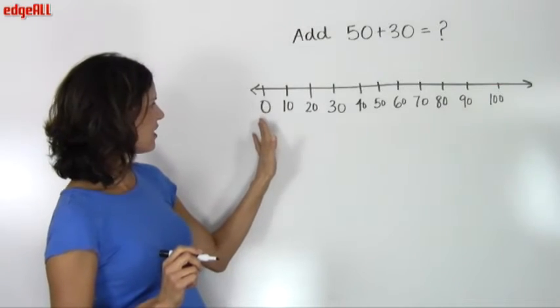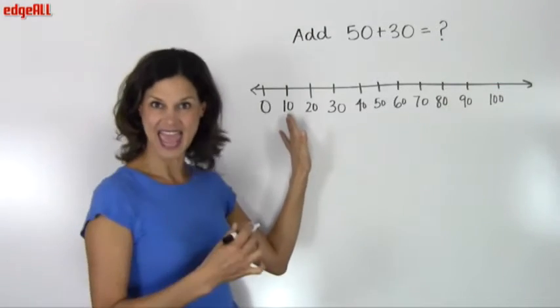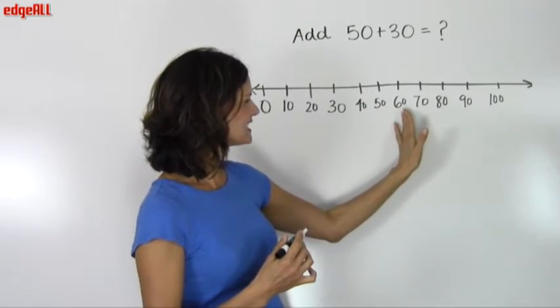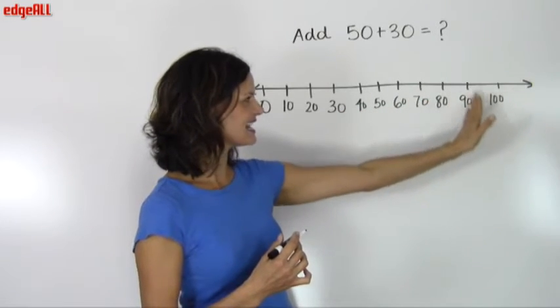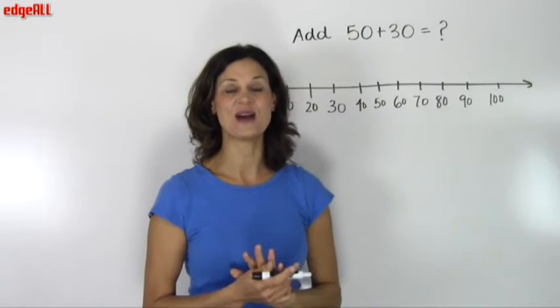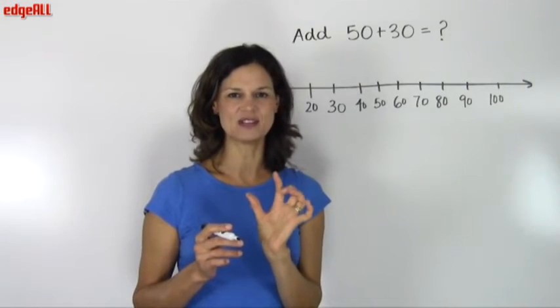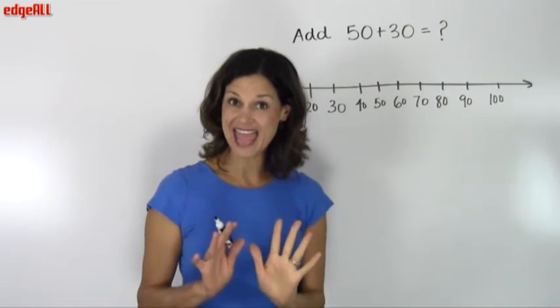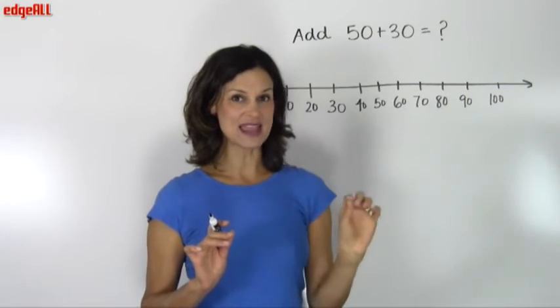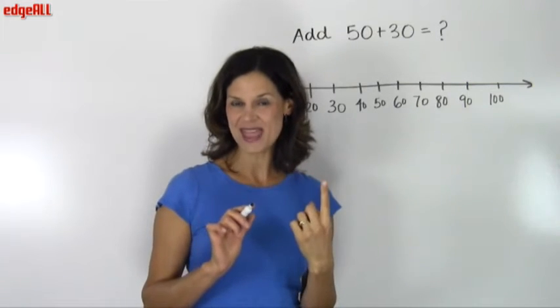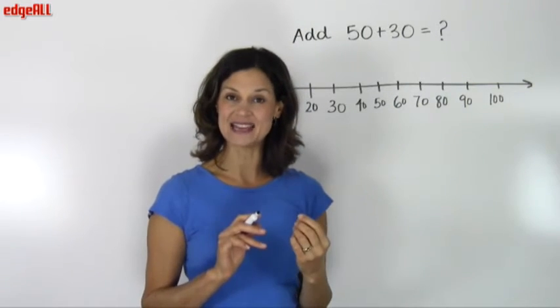So I've got 0, and my next marking is 10, and then 20, 30, 40, 50, 60, 70, 80, 90, and up to 100. So each space on the number line represents 10. Instead of each space representing 1, we need to think of it as each space representing 10.